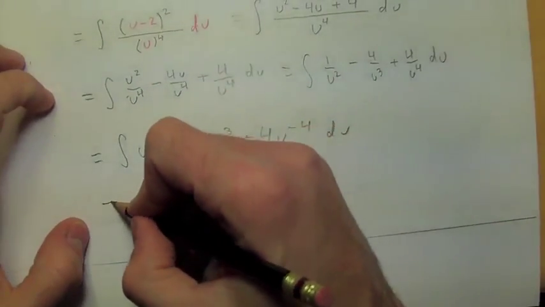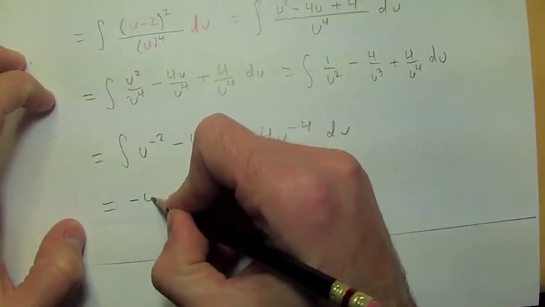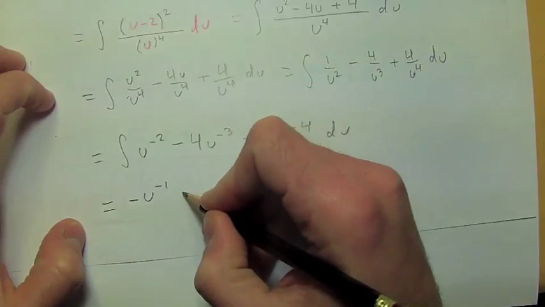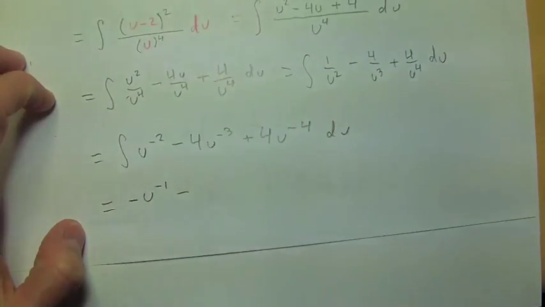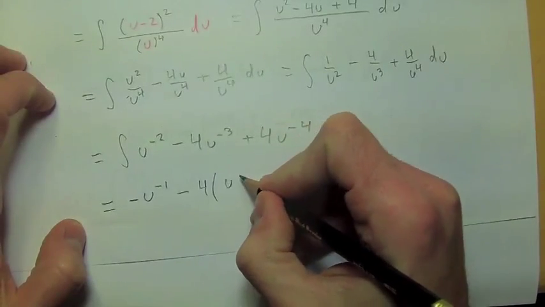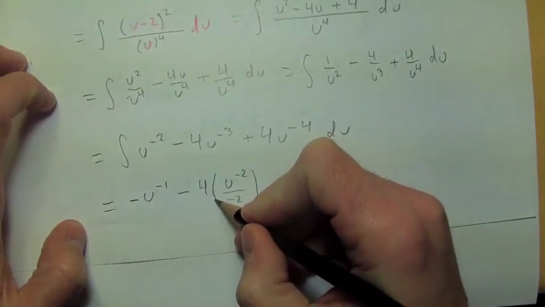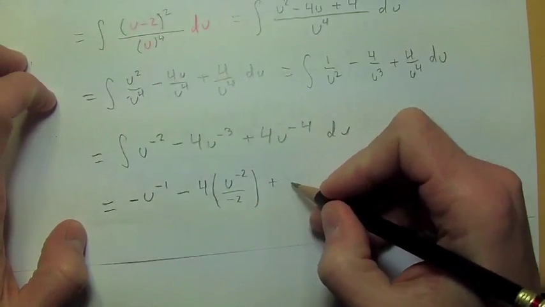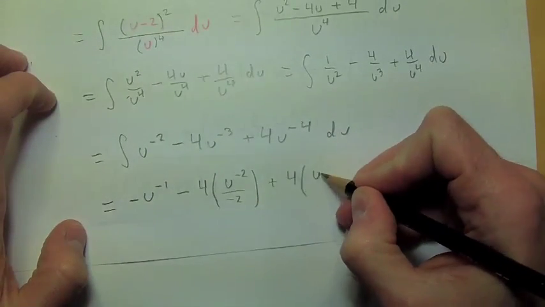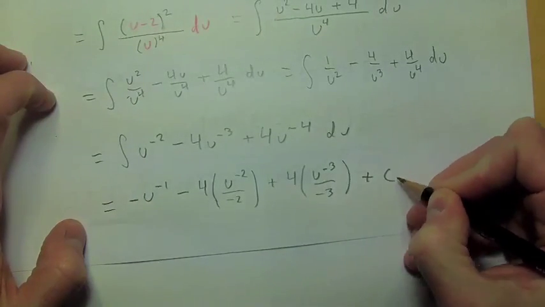So this is going to be negative u to the negative 1 minus 4 times u to the negative 2 over negative 2, plus 4 times u to the negative 3 over negative 3 plus c.